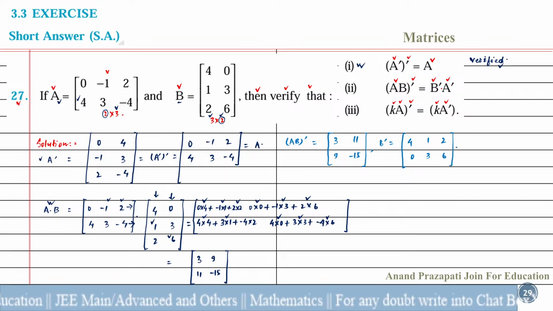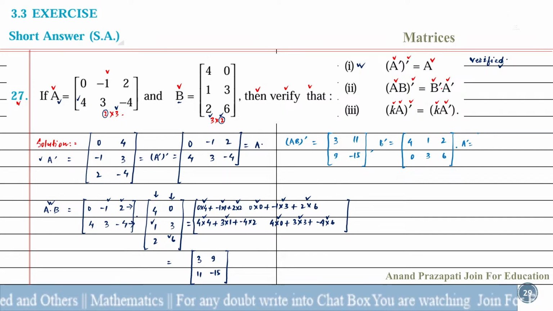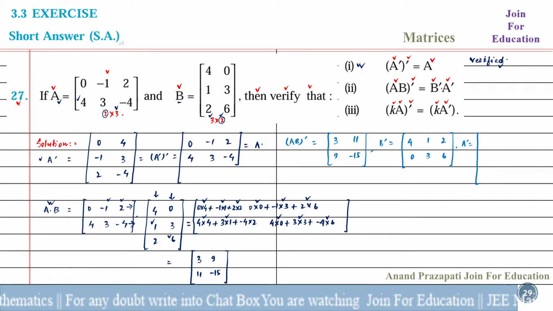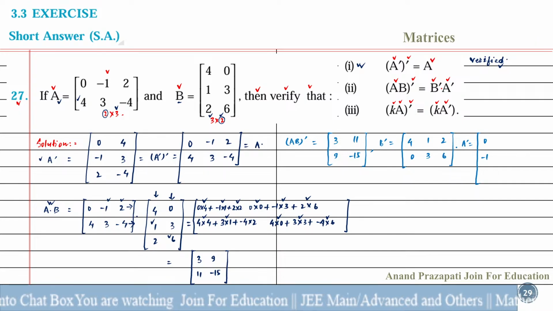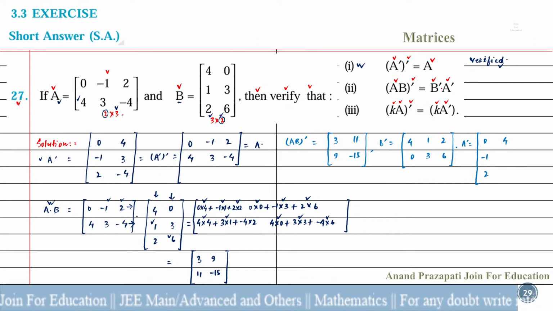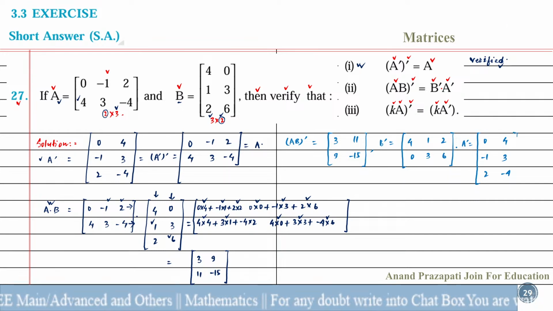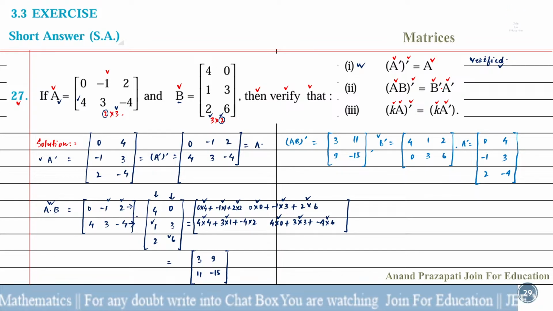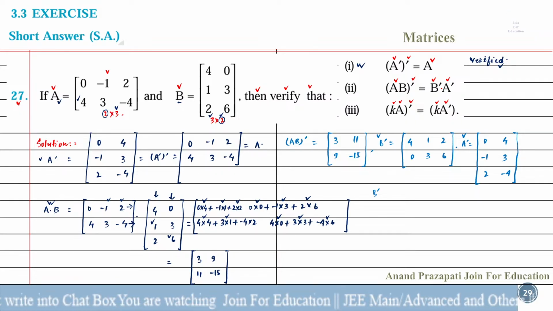And transpose of A equals: first row will be first column, so 0, minus 1 and 2, and 4, 3 and minus 4. After the multiplication of transpose of B into transpose of A, here will be transpose of B into transpose of A.